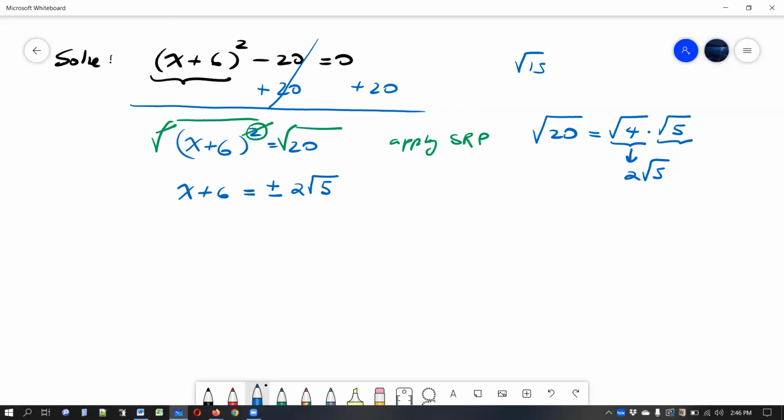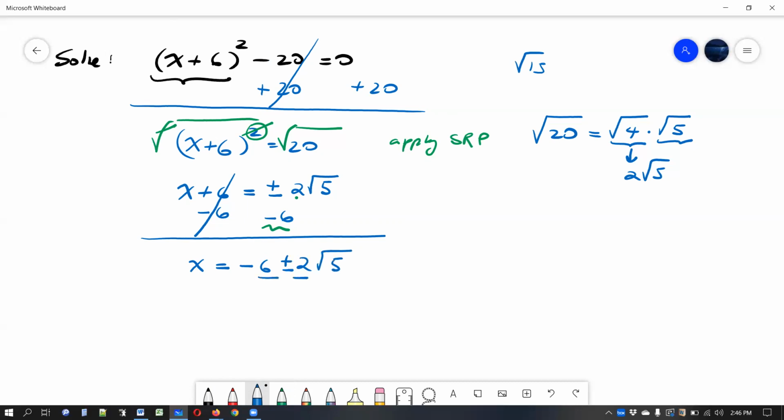And now, as before, my last step is to solve for x, meaning leaving x isolated on the left. I have to subtract 6 from both sides. They cancel here. And notice this minus 6 does not get subtracted from here because these are not like terms. You will just write minus 6 plus or minus 2 radical 5.